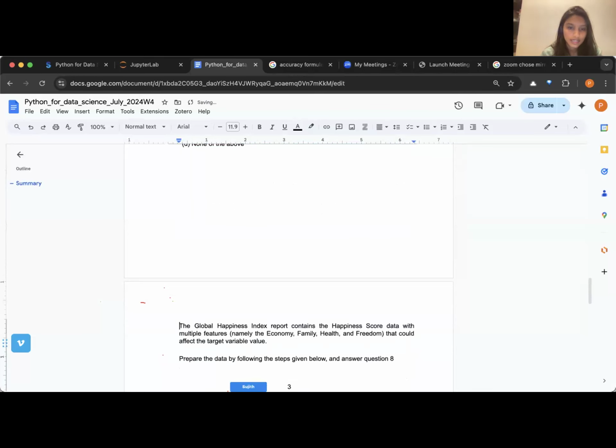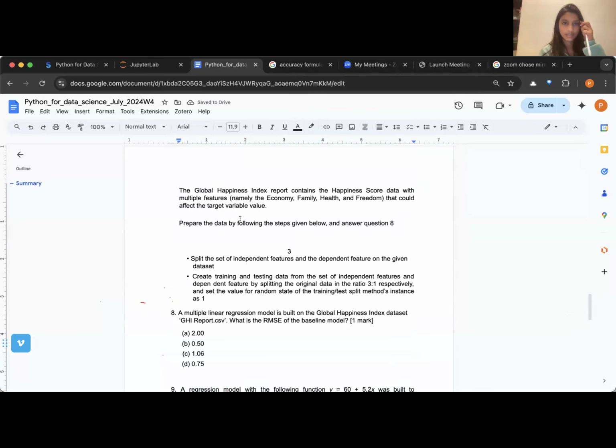They've given another data set with a different set of questions. The Global Happiness Index report contains the happiness score data with multiple features, namely economy, family, health, and freedom. From this you could tell that the dependent variable is happiness score, and your independent variables are economy, family, health, and freedom.